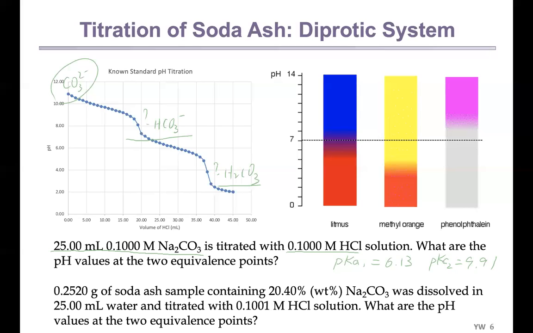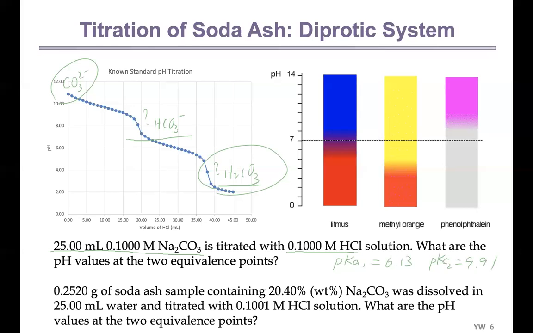What about we think about the second endpoint first? The second equivalence point is H2CO3, right? Combining with what we just mentioned in the previous slide, at the equivalence point, it's fully converted to H2CO3.